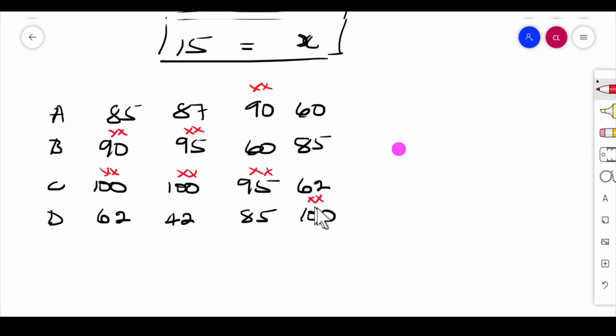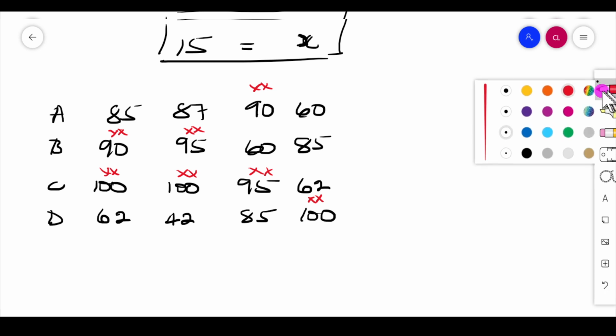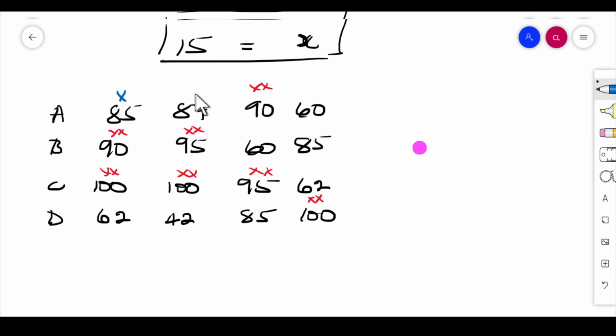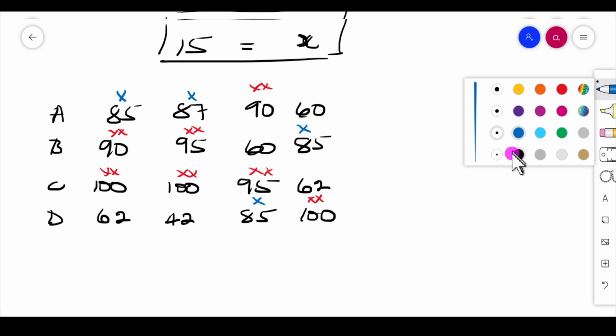Now let's change color, and we're looking for those 80s. So 80 to 89 must get 1 star. 1 star here, 1 star here, 1 star here. Can't give any 60s a star. Okay, 1 here.